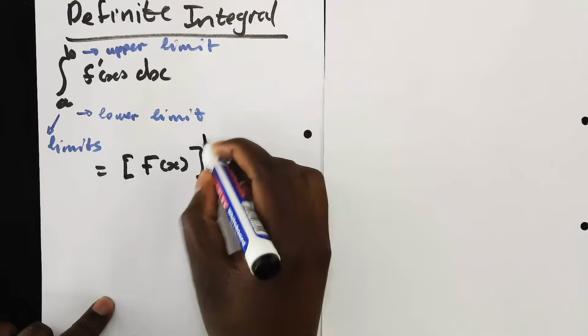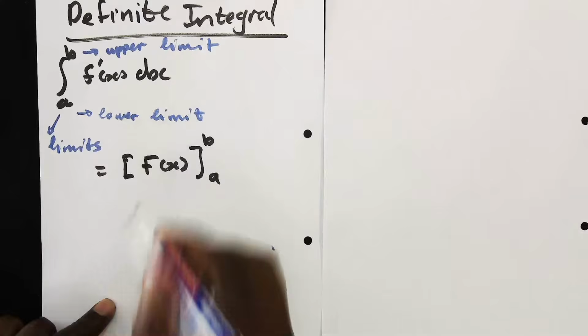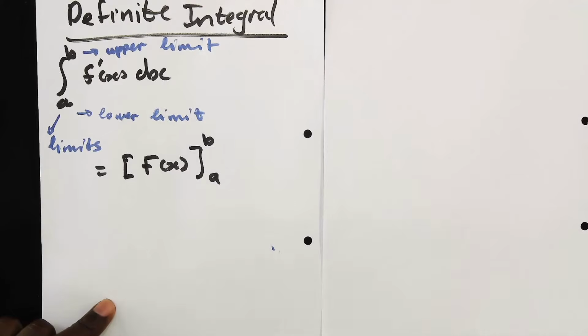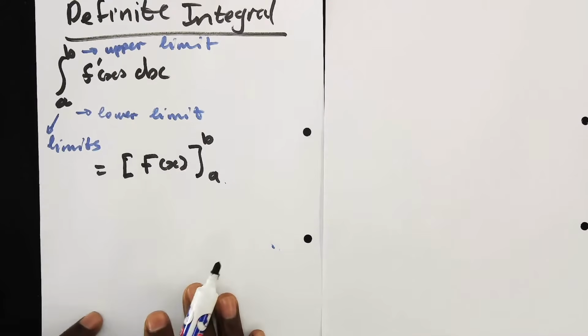Now your lower limit and upper limit, you put them on the closing square bracket on the right, the upper on top and the lower at the bottom. So you integrate, and therefore the limits, you put them accordingly, going from upper limit to lower limit.